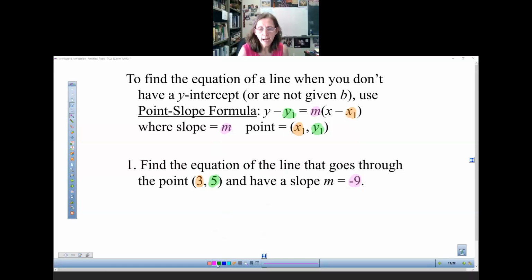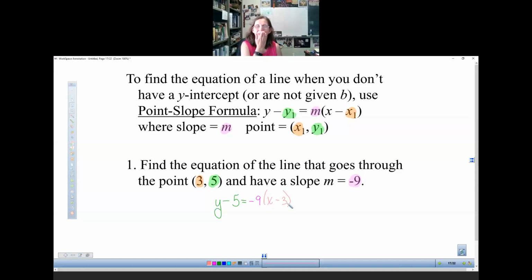So we have y minus 5 equals the slope, negative 9, parentheses, x minus the x value. Beautiful.